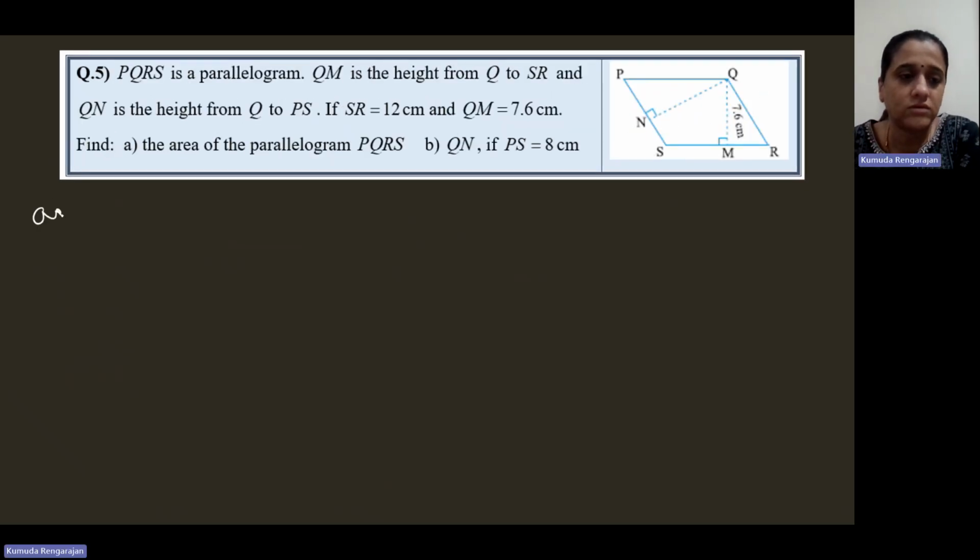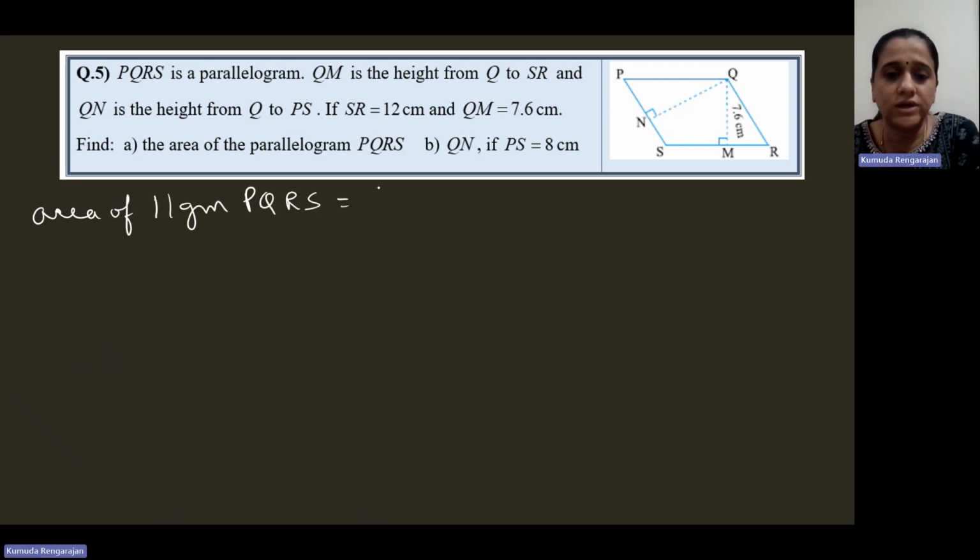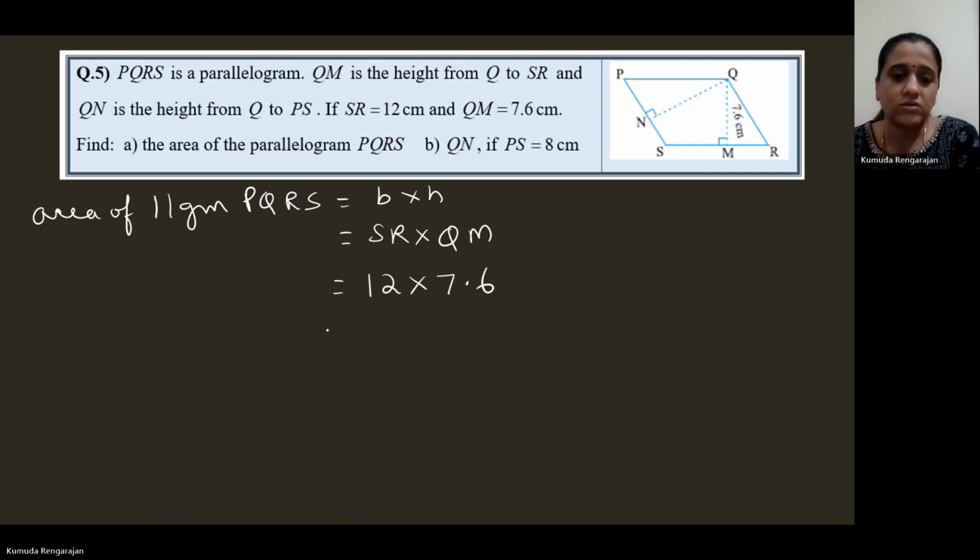Area of PQRS is equal to B into H. So which one will you take as a base? SR. Okay, SR into height QM. What's the length of SR? 12 into, okay, so you multiply and get it.